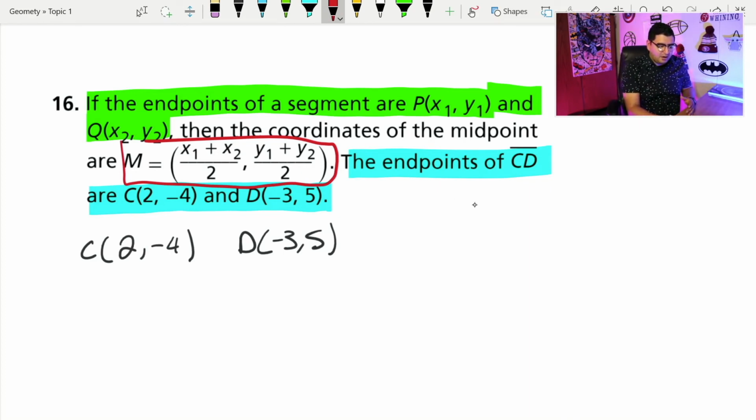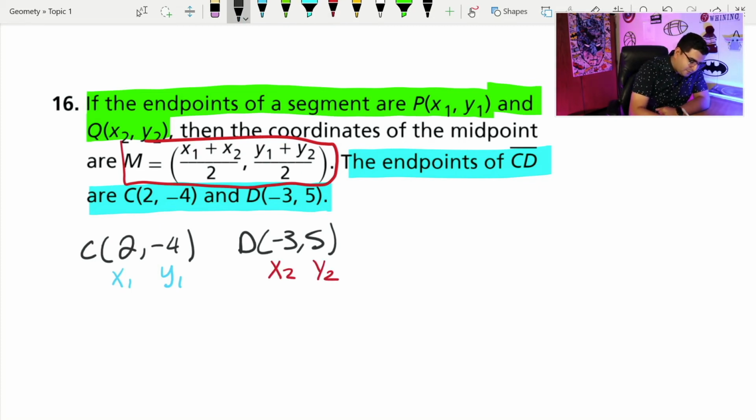They started me off with this hypothesis: the endpoints of CD are C, which is 2 comma negative 4, and D, which is negative 3 comma 5. Assuming that this conditional is true and the hypothesis is true, I'm allowed to assume that this conclusion is true for any 2 points. So let's do x1, y1, and here I have x2, y2.